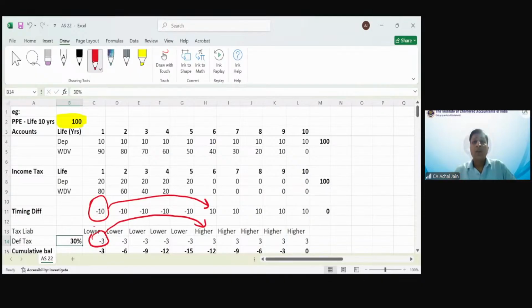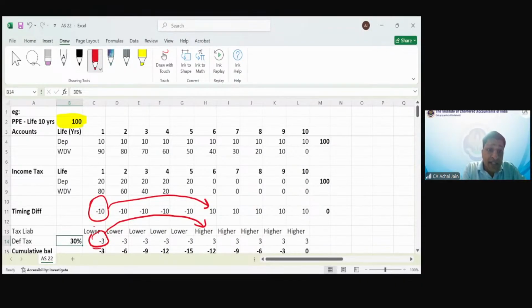So did I really save tax in the first year? No. I only deferred the payment of tax. So only the payment was deferred to the subsequent years. So what should I do?